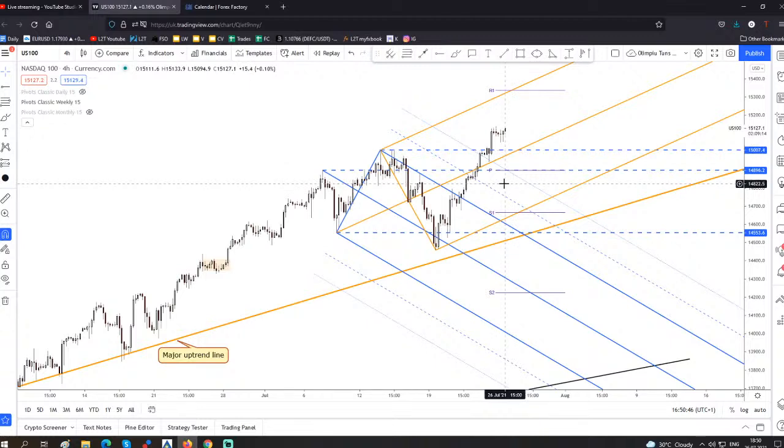But unfortunately I don't like to buy it here around all-time highs, even if the US index will continue to increase. I've told you technically here that jumping above the 15,000 psychological level could bring us potential further growth, upside continuation here in US 100, and also as long as it stays above the medium line of the ascending pitchfork, the bias is bullish.